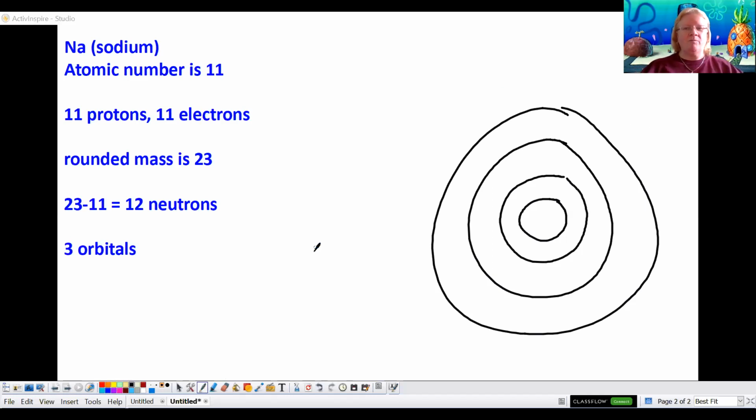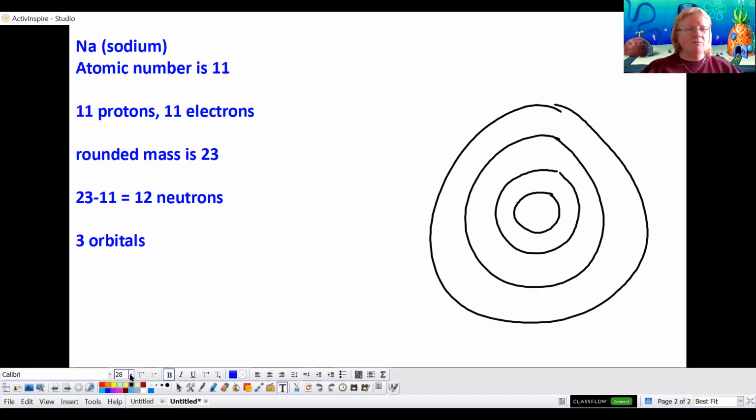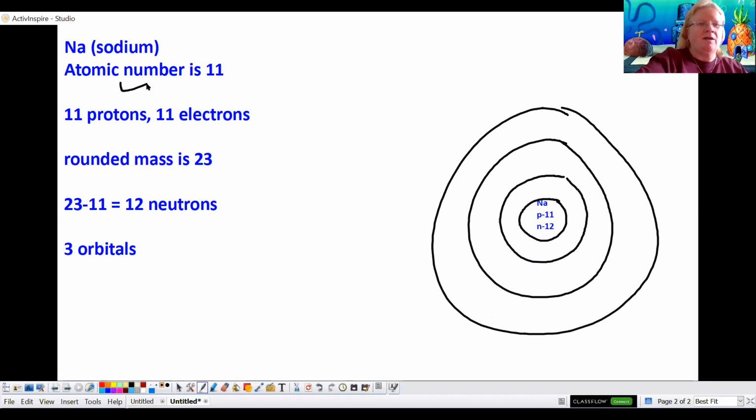All right, so now I'm going to put, remember I have to put the chemical symbol and all that stuff in there. So the symbol is Na, P is 11, N is 12. And that's all information that I had right over here.